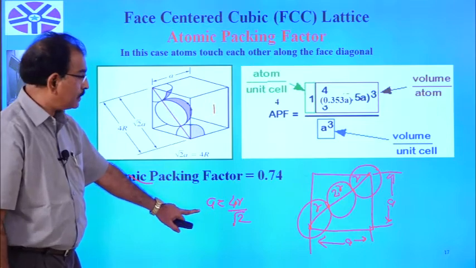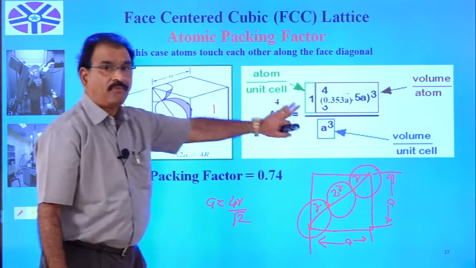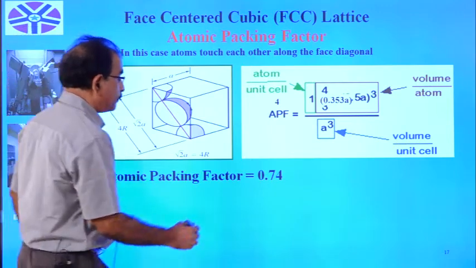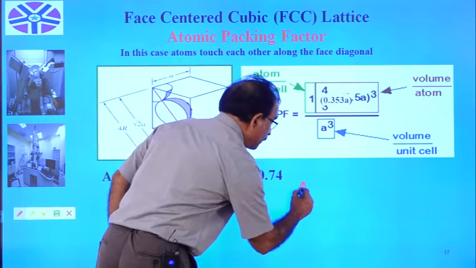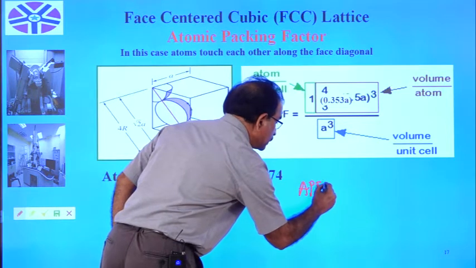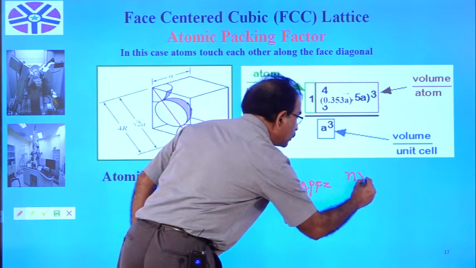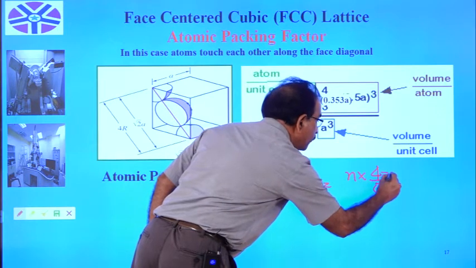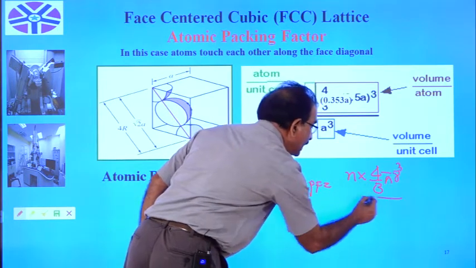So, you substitute this in the formula. Once again, atomic packing factor is equal to N into 4/3 pi R cube by A cube.